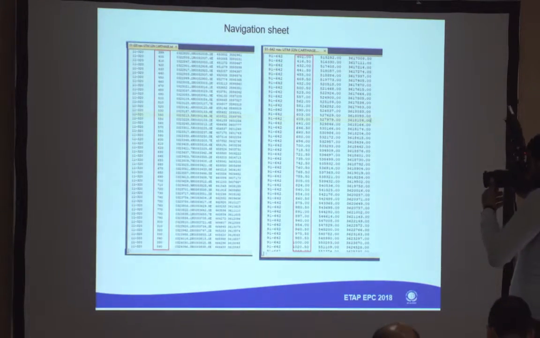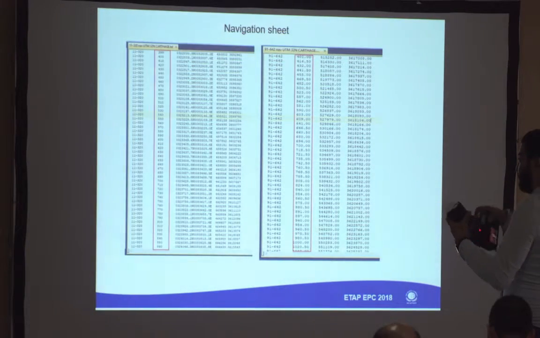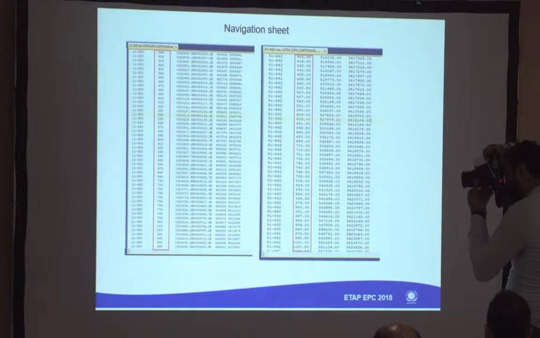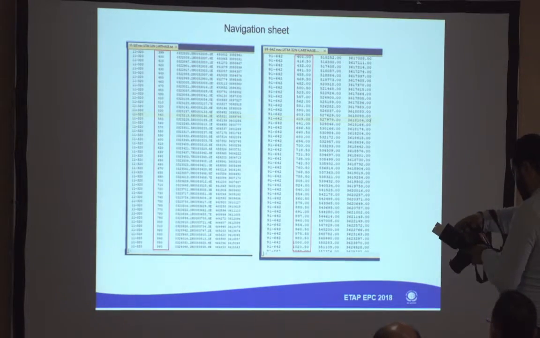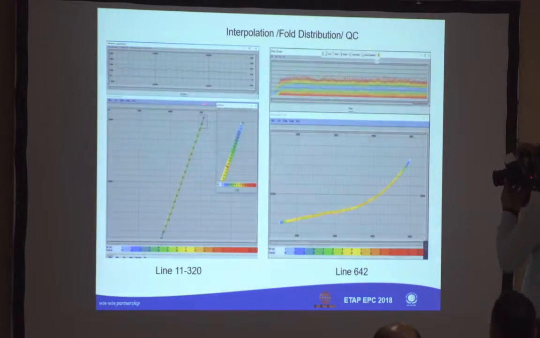Could be not a problem if the line is straight, but if you have a crooked or curved line, this is a problem. And this is our case, because this line is not straight, so we cannot do linear interpolation. So we need to be very careful when we do the interpolation.